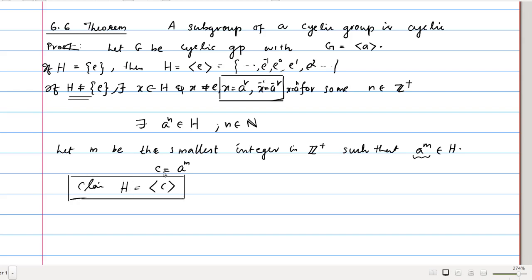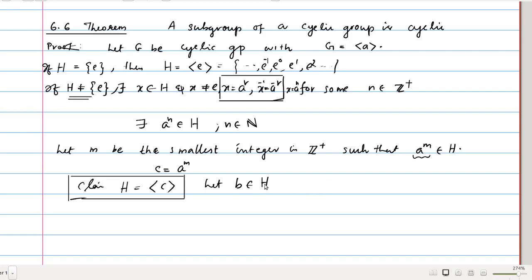Okay, to prove this, we start with an arbitrary element of this group H. Let B belong to H. Then we will prove that this B is nothing but C raised to some integer.